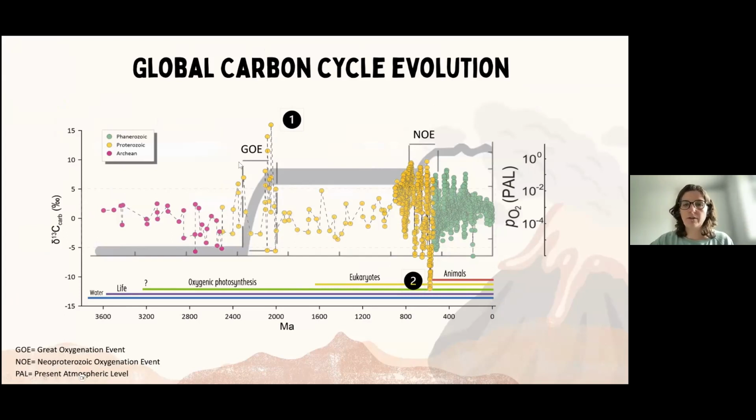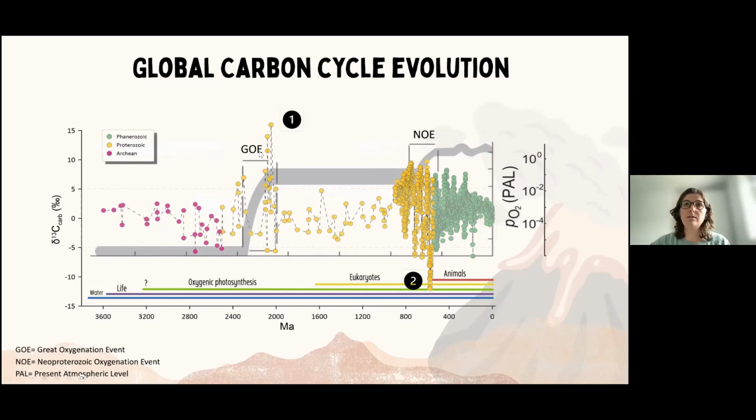So this graph shows the delta carbon 13 from the Archean to the present, separated by colors depending on the eras. And then I have added in the background the different phases of atmospheric and oceanic oxygenation that took place in two main steps: the Great Oxygenation Event and the Neoproterozoic Oxygenation Event.